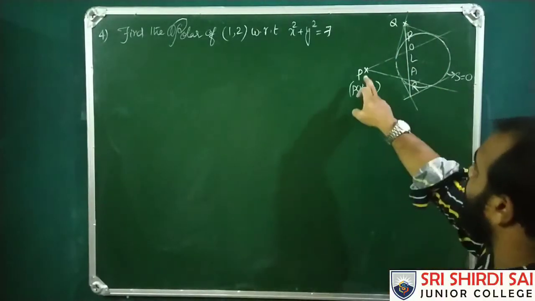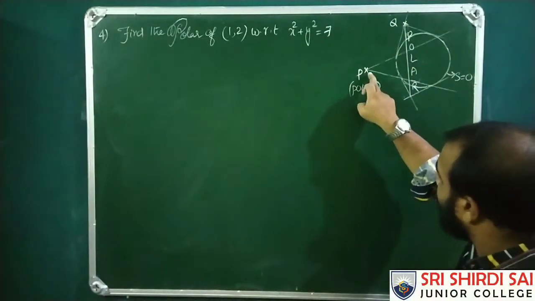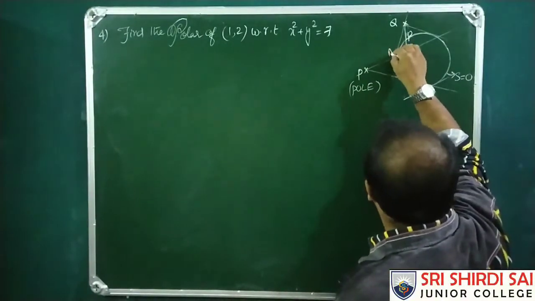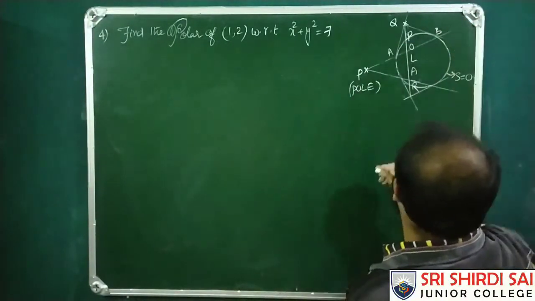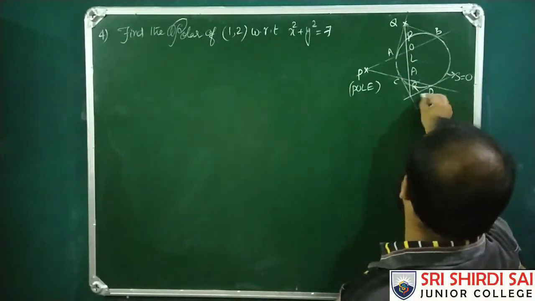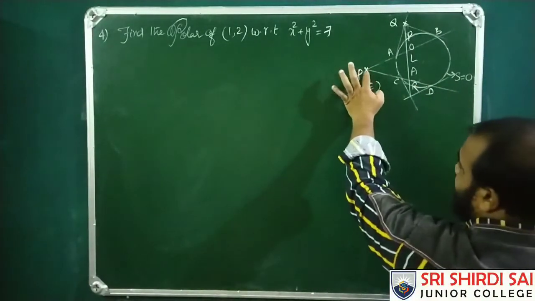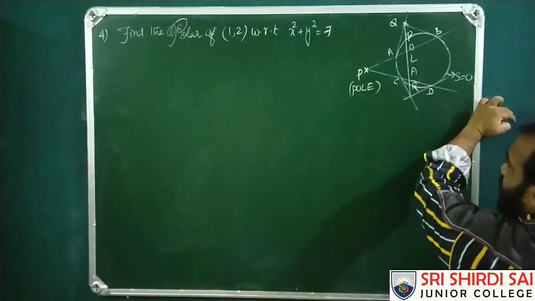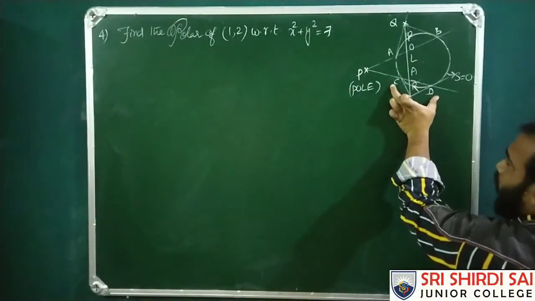In the same way, from this external point I have drawn one more secant line. Earlier one was, for example, AB, one chord, and this time CD is another chord. So from an external point P, I have drawn a secant line and CD is the chord.